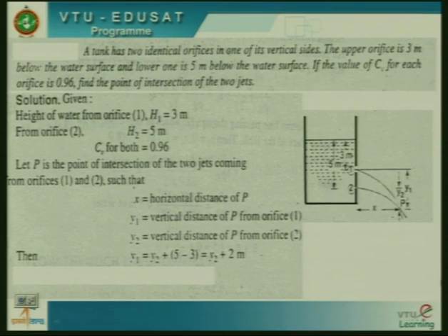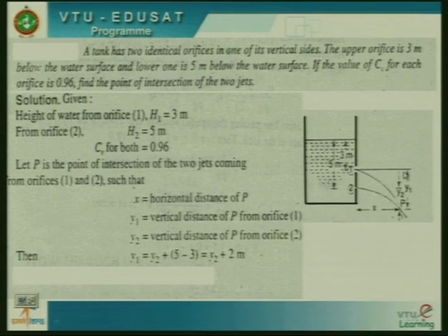So I said our aim is to find this P coordinates x comma y. That's what I mentioned here. Let P be the point of intersection of the two jets coming from orifice 1 and 2, such that this is my horizontal distance x. And y1 is the vertical distance from P to orifice 1.